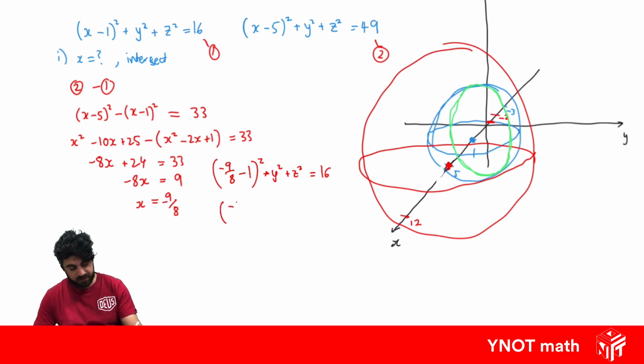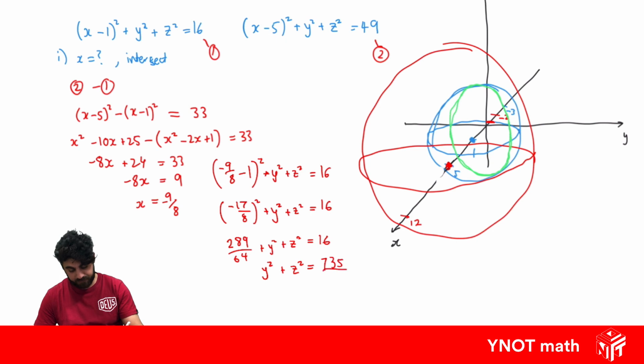This is going to be (−17/8)² + y² + z² = 16. This is going to be 289/64 + y² + z² = 16. Subtract the 289/64 from both sides, so we get y² + z² = 735/64. And this is the equation of the circle of intersection for these two spheres.